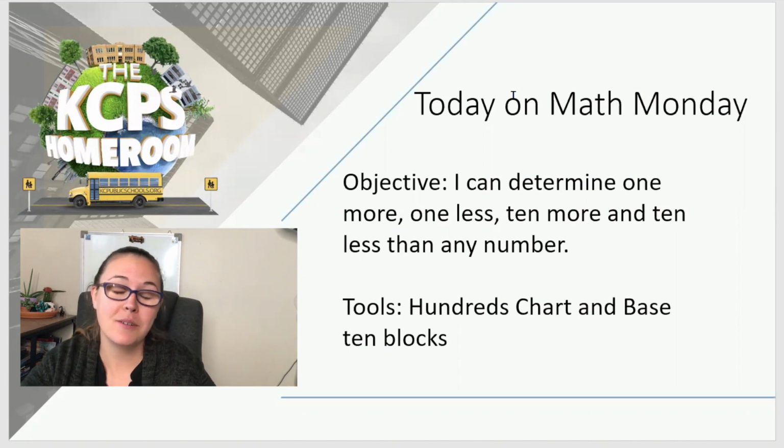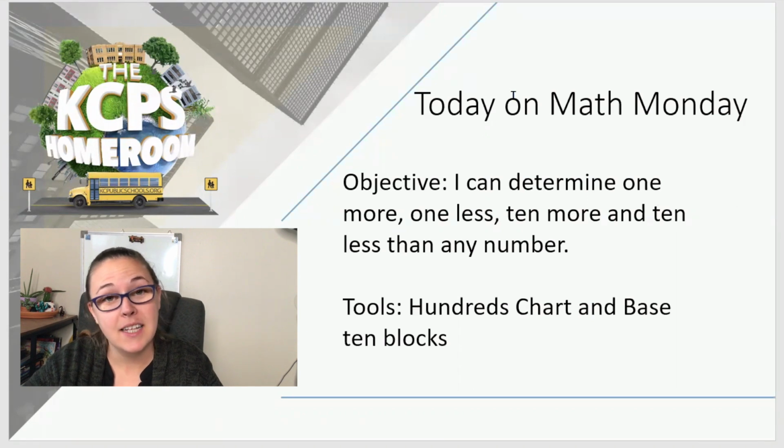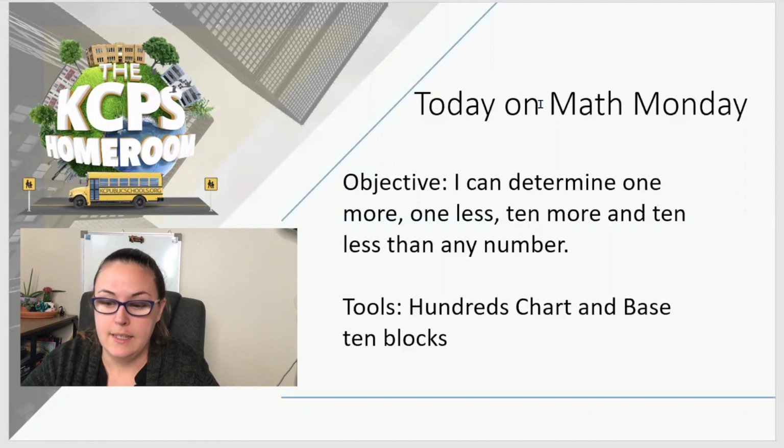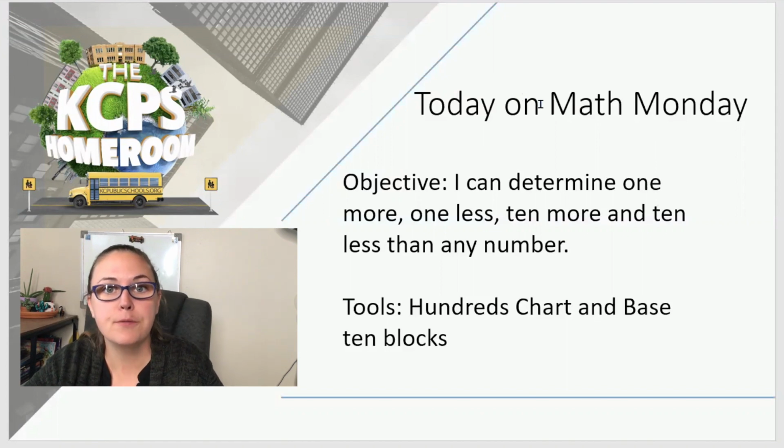This morning we are going to build on our knowledge that we started working on last week in regards to place value. So this week we are going to have a very focused lesson that stems from place value and goes into comparing numbers.